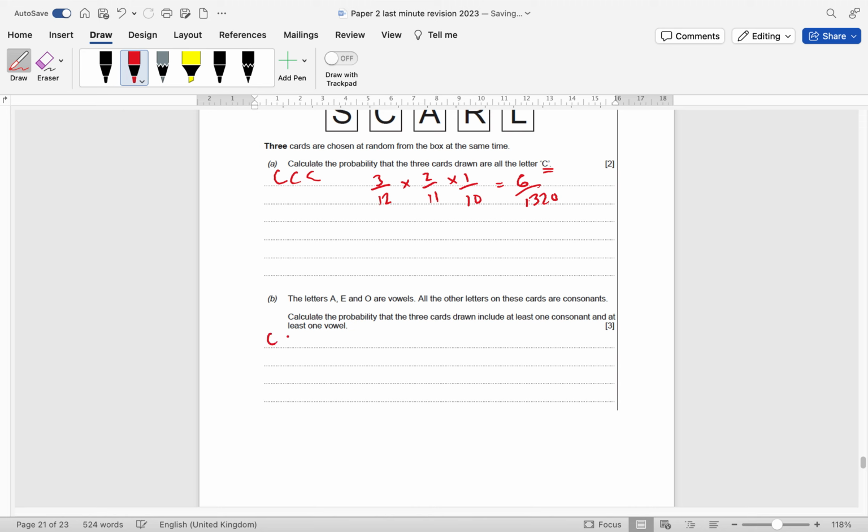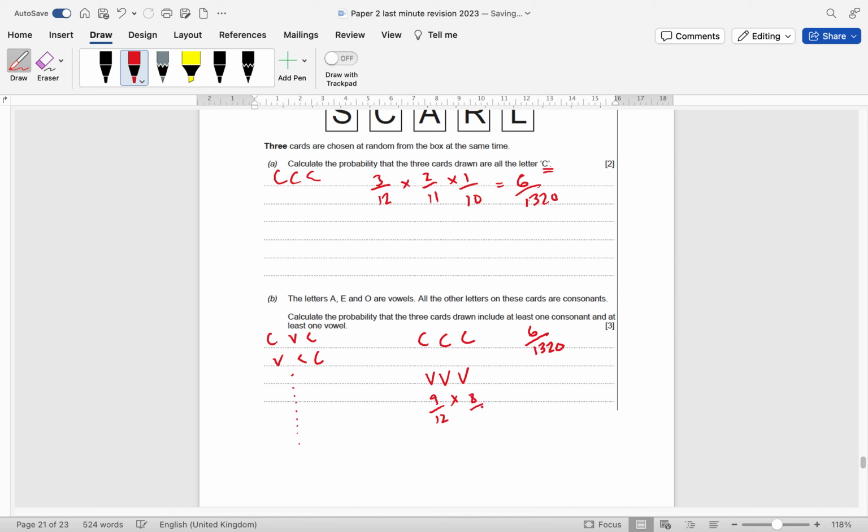So it could be consonant, vowel, consonant, consonant, and you can see there's lots, right? But the only combinations that don't contain at least one of each is consonant, which I've already worked out in part A, and vowel, which I can work out here, 9 out of 12.